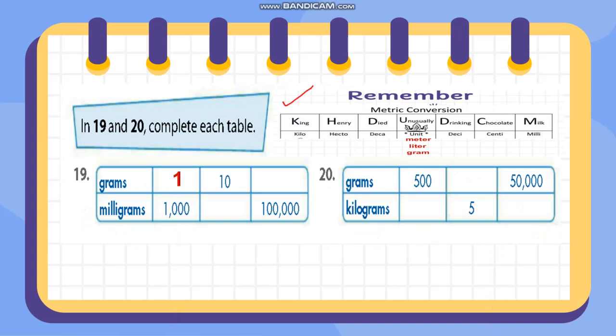Next, 10 grams is equivalent to 10,000 milligram, and 100,000 milligram is equivalent to 100 grams. 500 grams is 5 tenths kilogram. 5 kilogram means 5,000 gram, and 50,000 grams is equivalent to 50 kilograms.